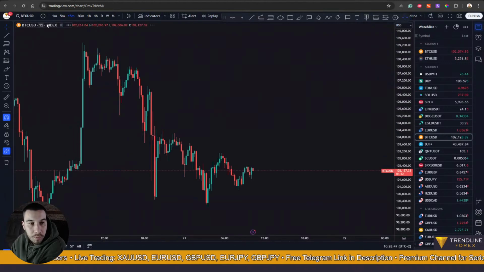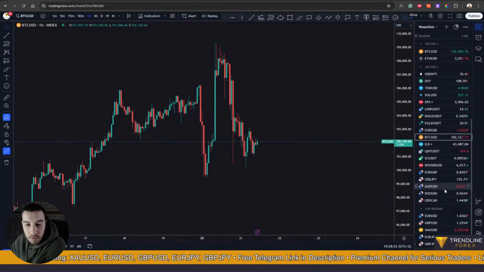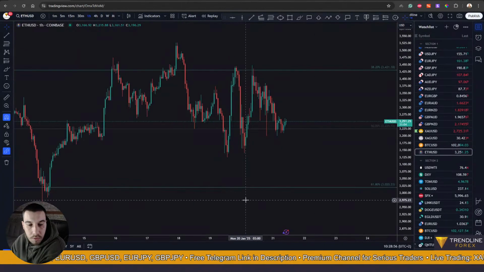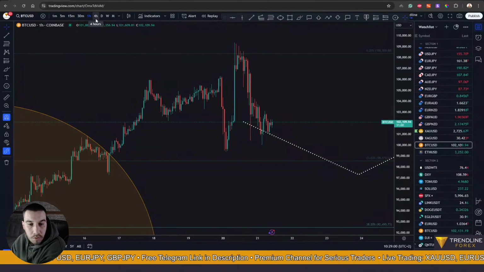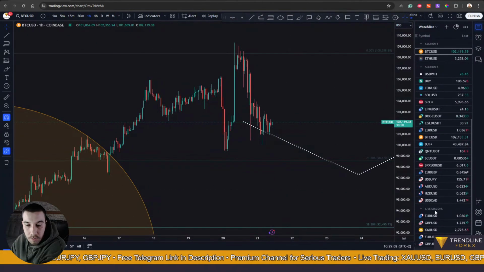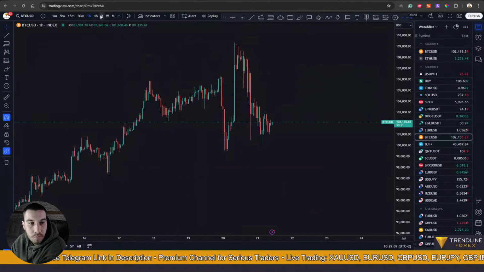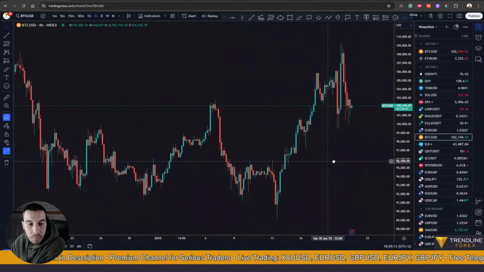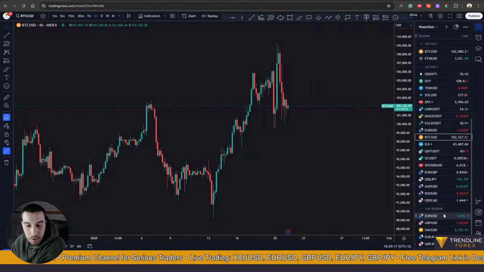And what's going on with Bitcoin? Really choppy price action here.